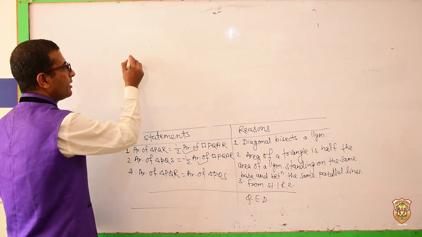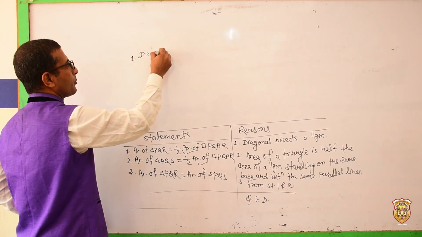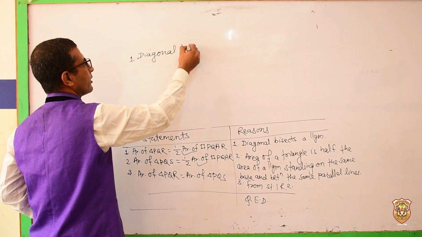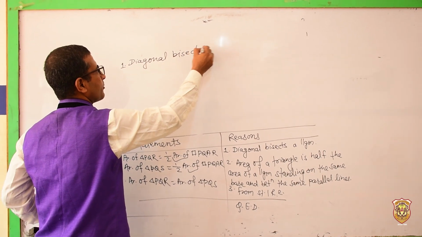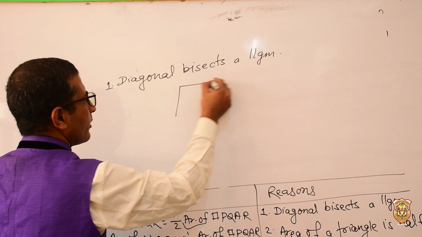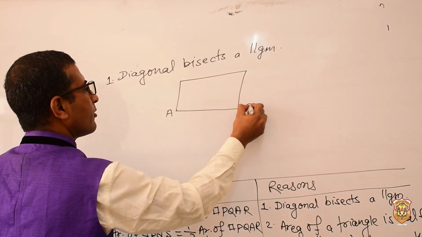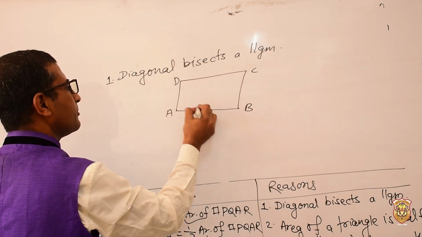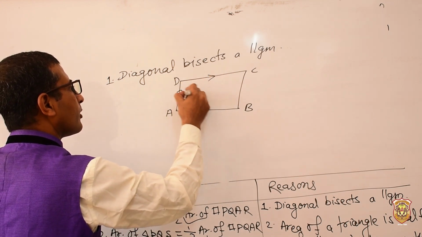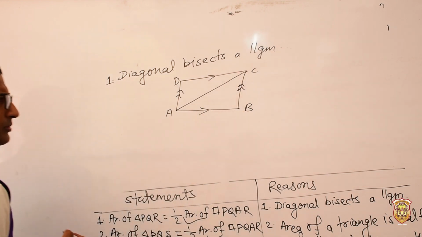We have applied, first one was diagonal bisects of parallelogram. In the figure, we have a parallelogram ABCD. And we have taken one of the diagonals AC.